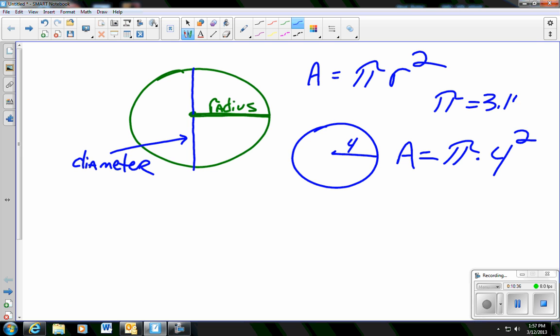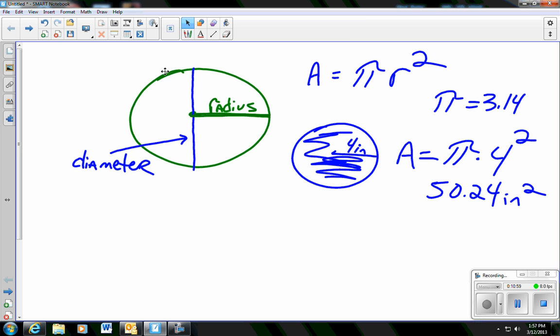Pi equals 3.14. That's generally the number we'll use. You can also use the pi button in your calculator. It'll change your answers a little bit, but 3.14 times 4 squared would give us an answer of 50.24 for the area. And if it was in 4 inches, then we would say inches squared. It is still area. We're talking about everything on the inside.